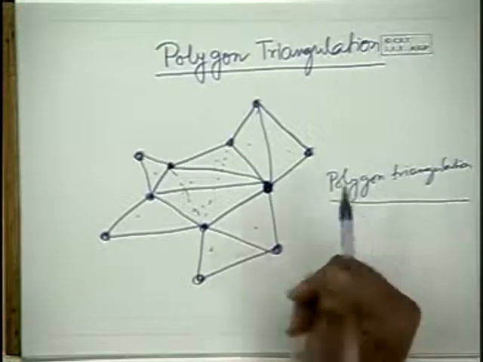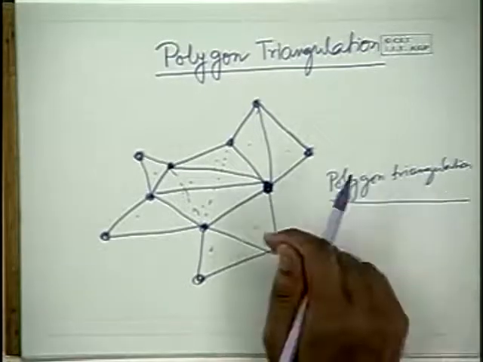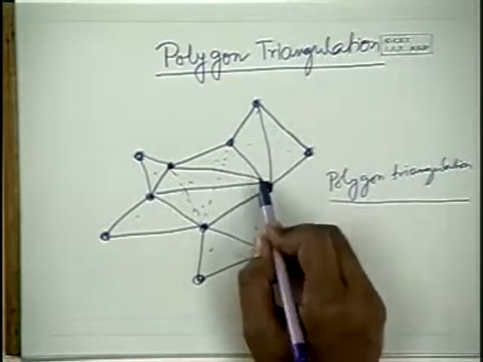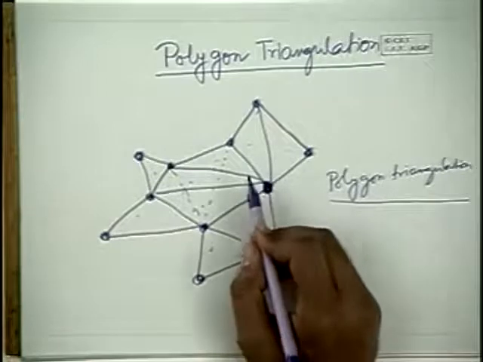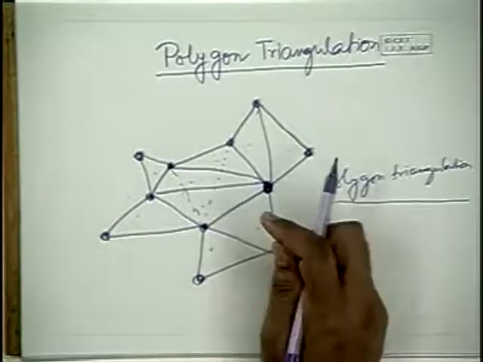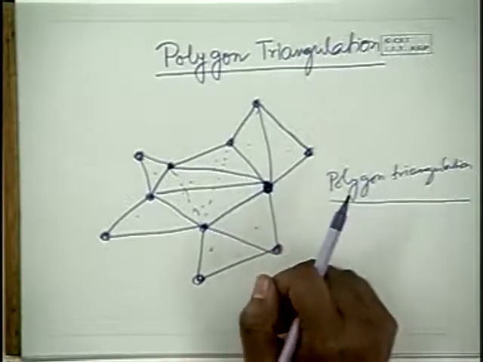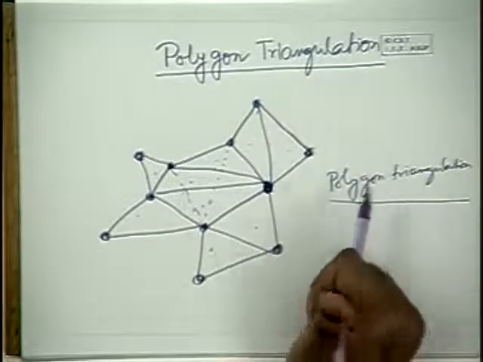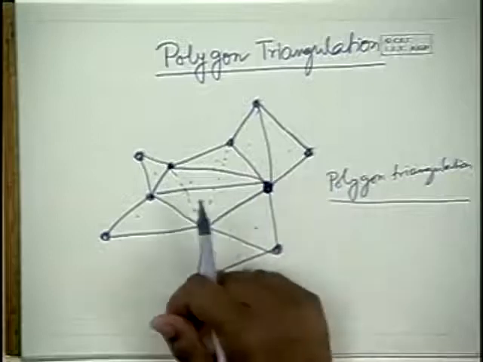Now you minimize that area over all possible triangulations. So first you take the polygon, take a triangulation. For that triangulation you compute over all triangles what is the maximum area triangle. Each triangulation always gives you one value, the maximum area triangle. So you have exponentially many triangulations. Over all possible triangulations, you take that triangulation which minimizes that area.